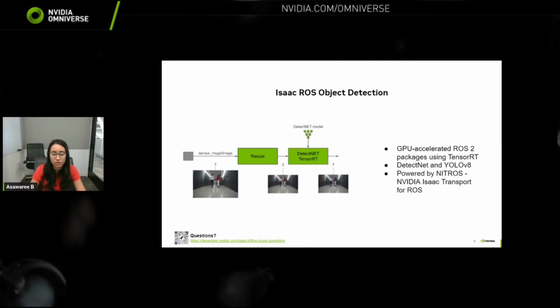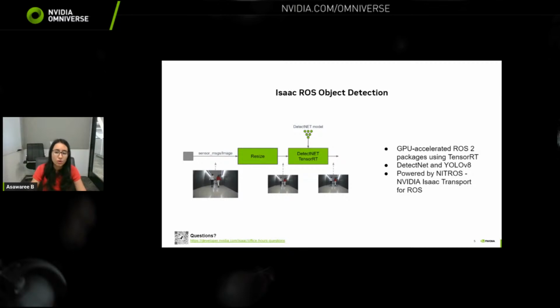If not, on the next slide I'm going to give you an overview of what it is. Essentially, it accelerates and optimizes your models for best performance on NVIDIA GPUs and on the Jetson platform as well. With these two models, what you will get is specifically object bounding boxes, which is to say information about whether an object is present in an image, and if so, where it is present in that image. So just the localization.